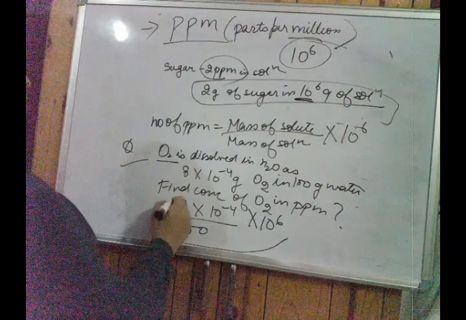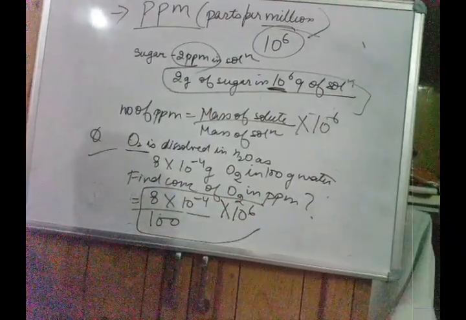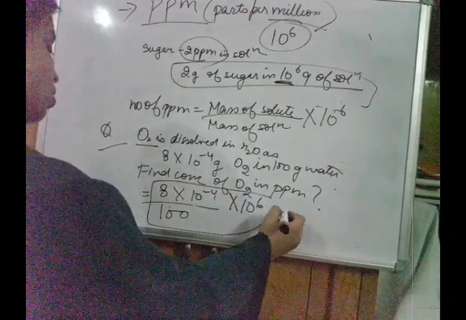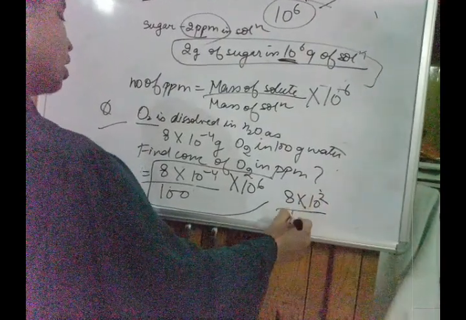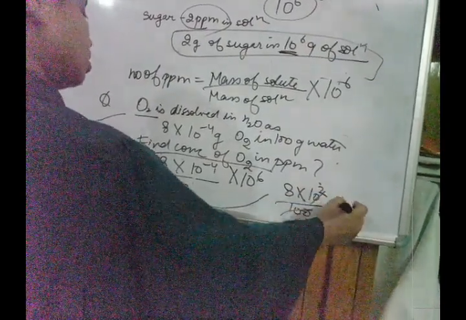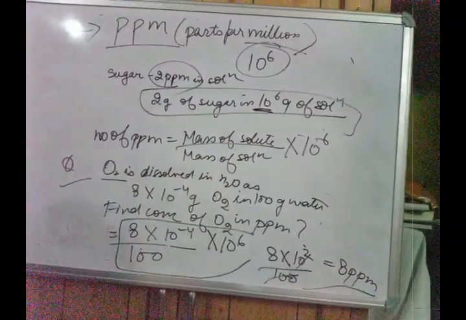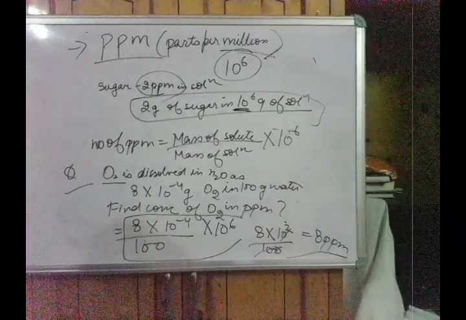You have to remember this. So 10 raised to the power minus 4 and 10 raised to the power 6, these powers would get added up. That comes out to be 8 into 10 raised to the power 2, that is 8 ppm. Remember 10 raised to the power 6 only in this part.